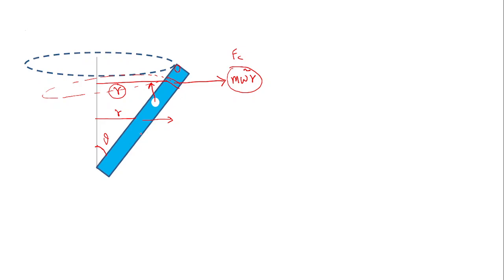Here it will be something like this, here some lesser, here some lesser, and finally here Fc is equal to 0 because the radius is 0 at this point. That means the centrifugal pressure is maximum at this point. Here the centrifugal pressure is maximum and here the centrifugal pressure is minimum.